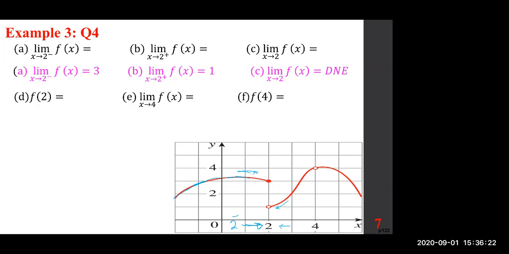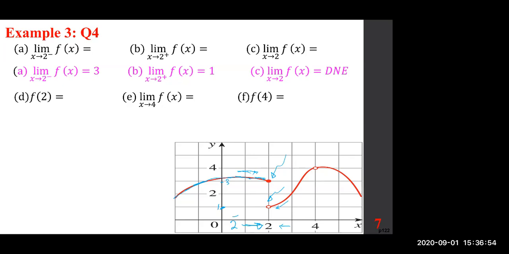So we are coming to 2 from the left, and we are ending up here having the y coordinate number 3. Yes, I can see that. Okay, sure. This one is number 3. Thank you, Professor. My pleasure. But from the right, we are coming to this point that has y coordinate 1. Does that make sense?